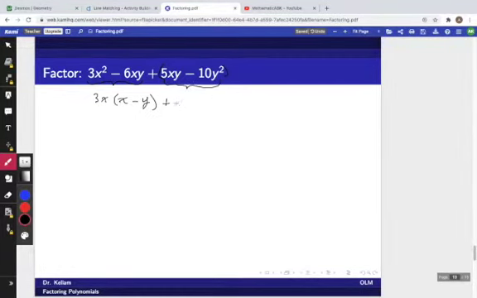That would be 5y. And then this leaves us with our x minus y, giving us a final answer of 3x plus 5y, x minus y.